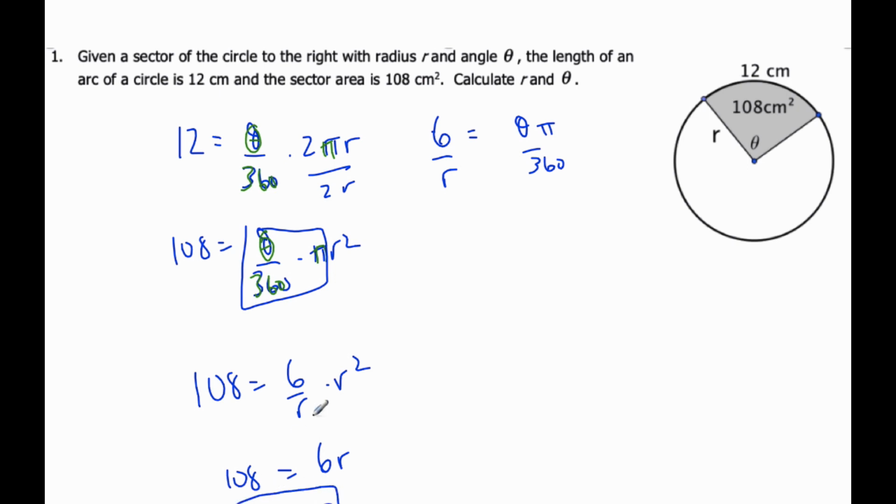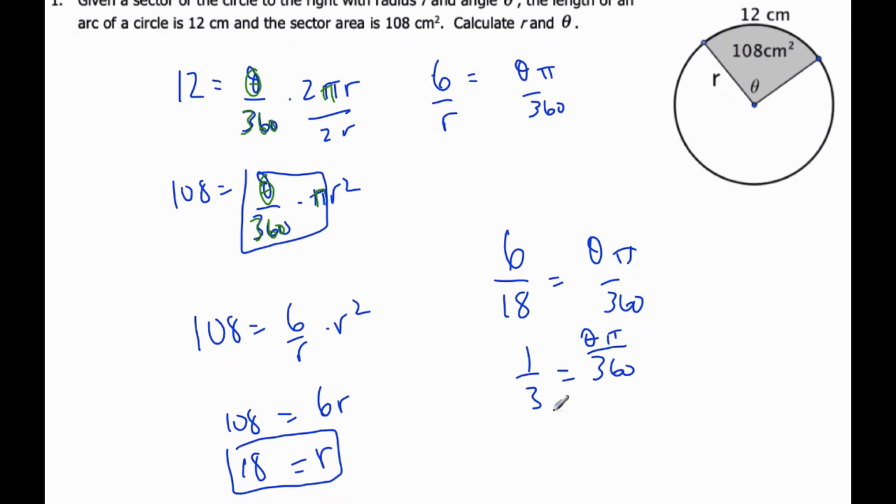If I take either equation now to find my theta, I can go to this one since it looks fairly straightforward. 6 over 18 is equal to theta pi over 360. I'm looking for theta now. This is 1/3 equal to theta pi over 360. If I multiply by 360, I get 360 over 3 is theta pi.